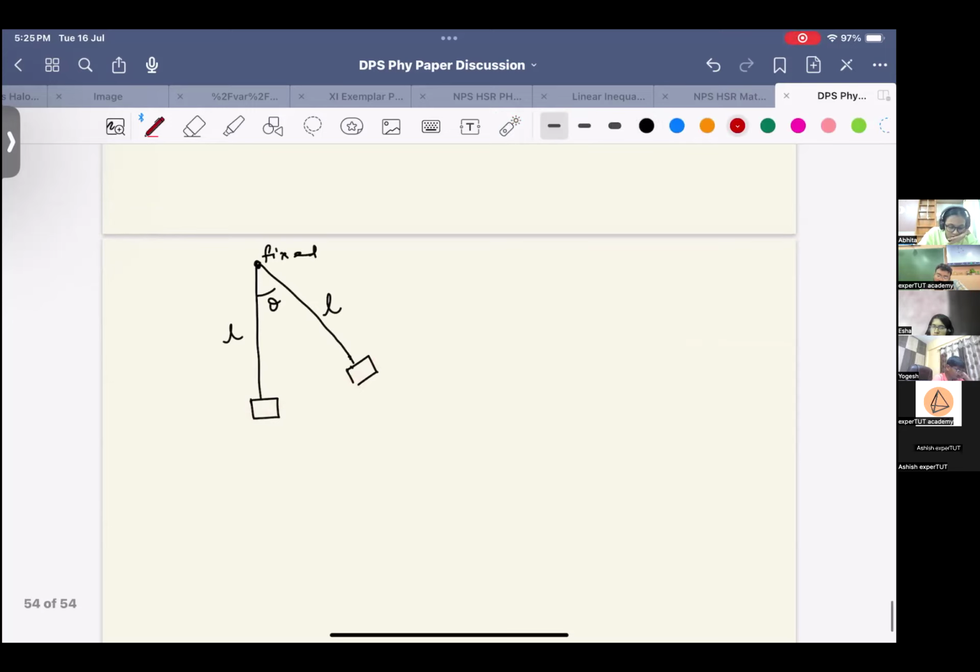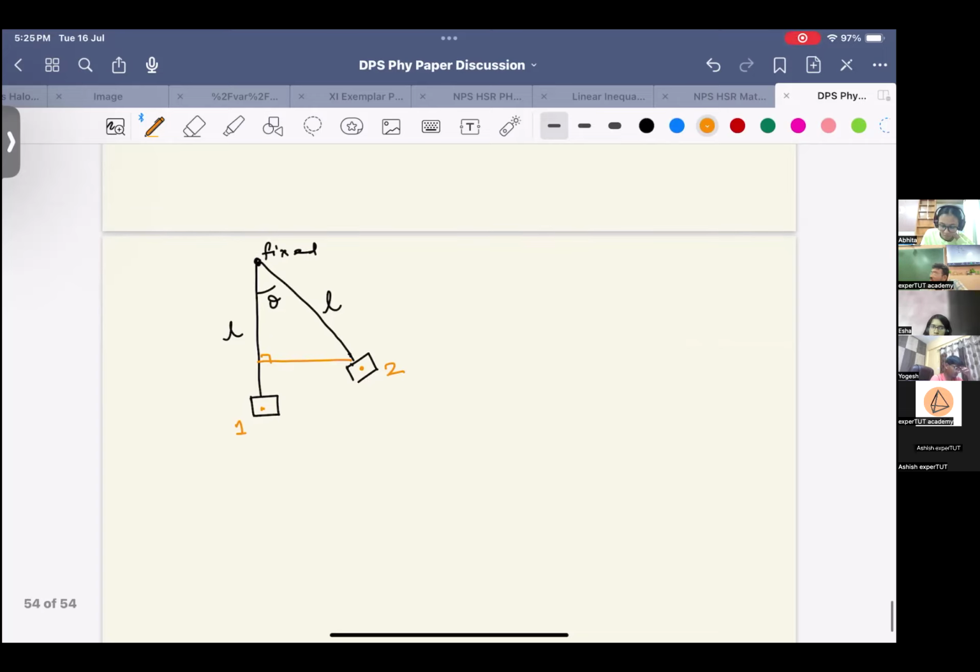If you make a hypothetical triangle, this is position 1 and position 2. Position 2 is higher in height than position 1. So we have to find by how much higher. How do we do it?